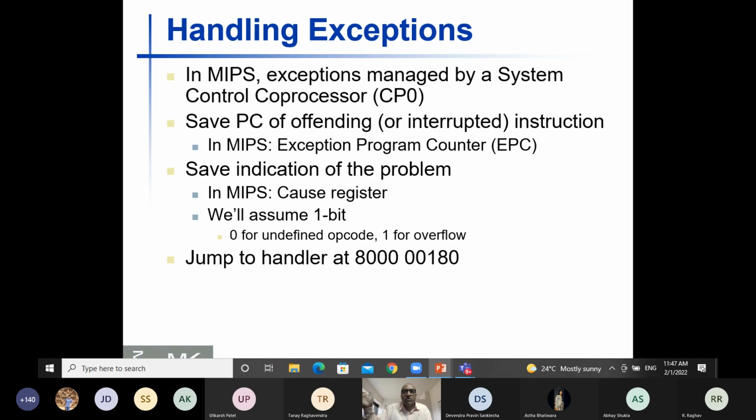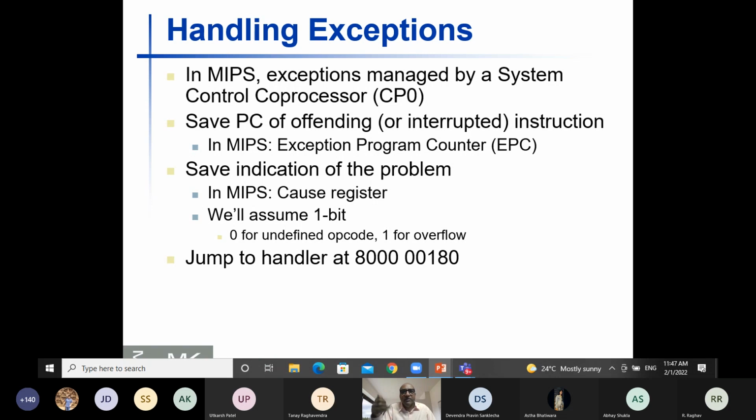Otherwise, if you don't want to do that and you want to terminate the program, then also there is a piece of code that will display a message saying that the program will be terminated because of this particular exception number and these causes. Then the program will be terminated and the next program will be executed.